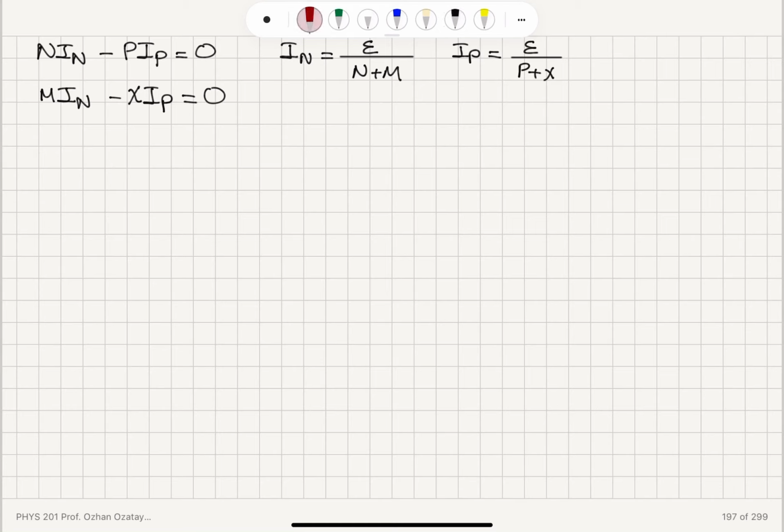So, if I look at this equation now, NIN becomes N times epsilon divided by N plus M minus P times IP, which is epsilon divided by P plus X, is equal to 0.